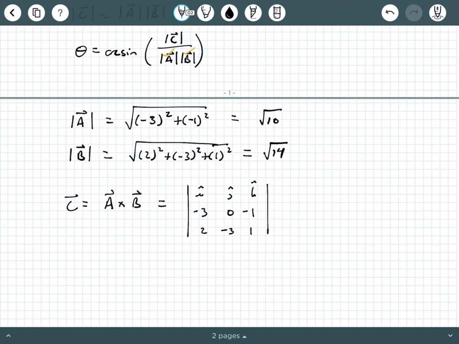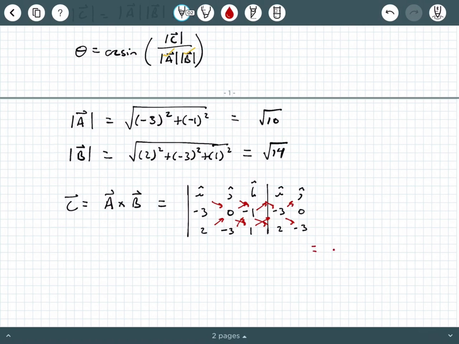Remember, those are the coefficients of those two vectors. And then we're going to copy the first two columns over, so we get i and j, -3, 0, 2, -3. And then we're going to perform this triple product, pretty much the same process as we saw in the previous example.